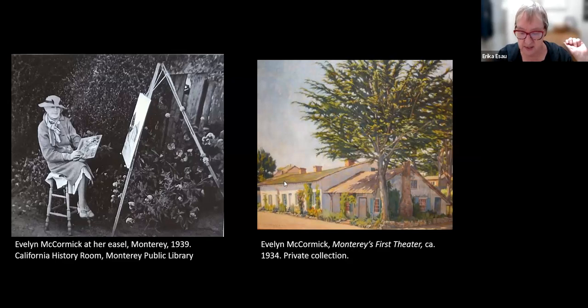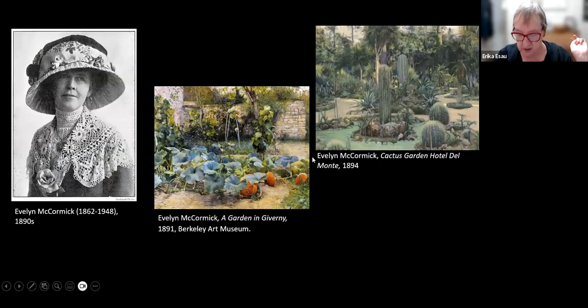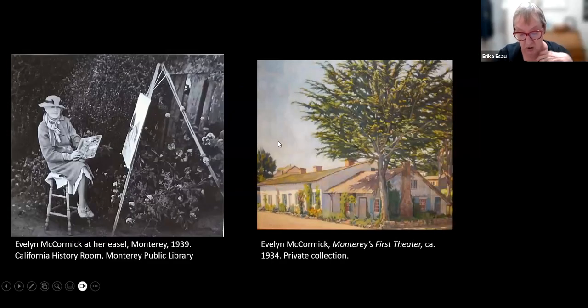And she painted the cactus garden at the Hotel Del Monte as an exotic garden display. Remember, at the time, this was considered quite exotic to show anything like cactus in a garden. And that was exhibited at the Midwinter International Exposition in 1894. She painted then with this impressionist palette, but with an underlying solidity that would mark all of her subsequent painting.